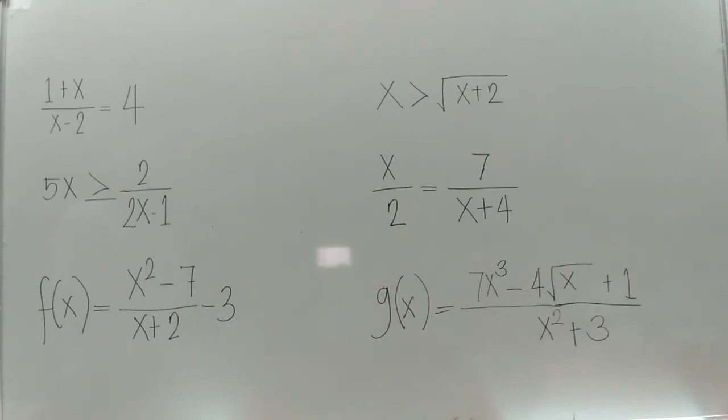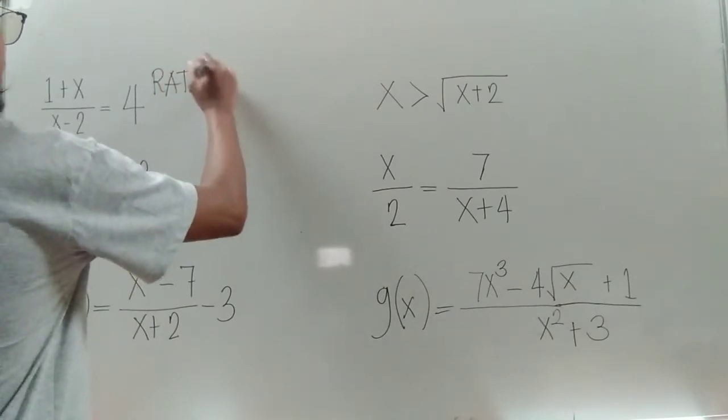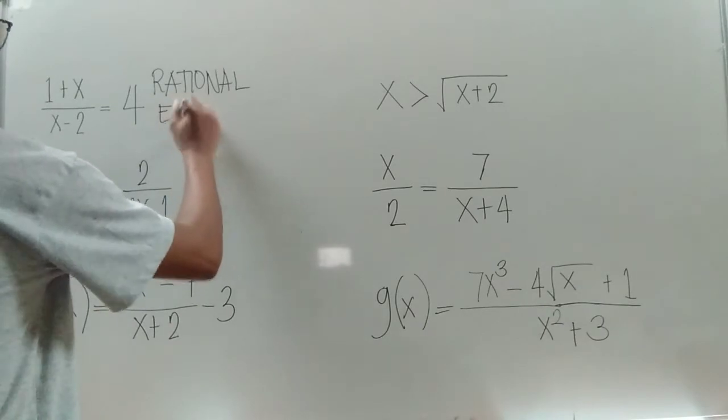So let us identify. For our first example, we have 1 plus x over x minus 2 equals 4. This example is identified as a rational equation.